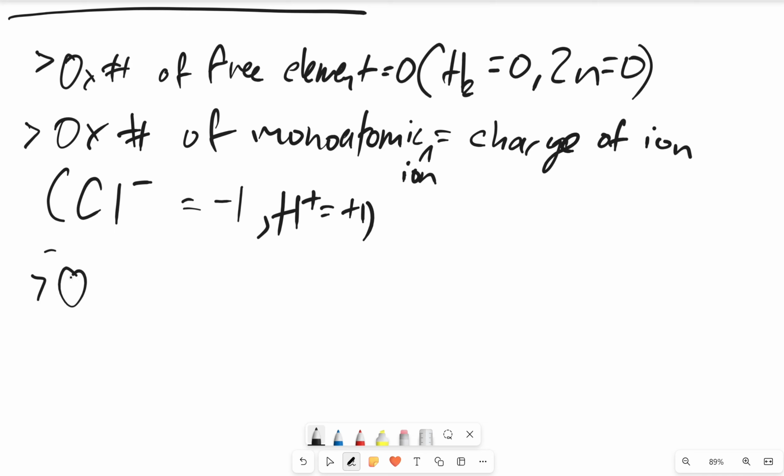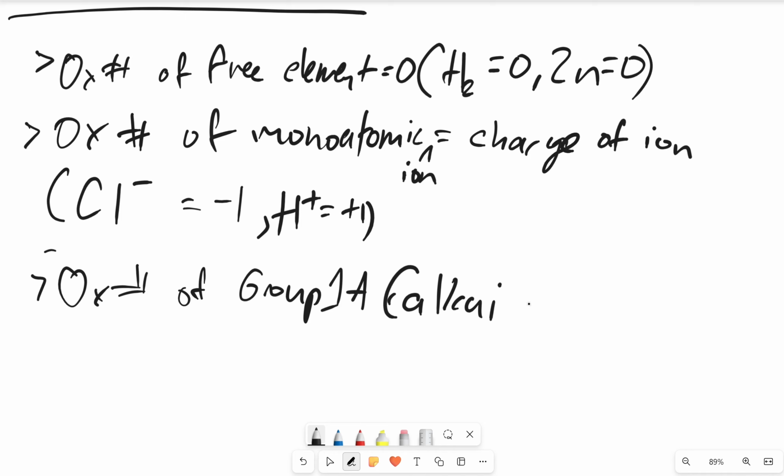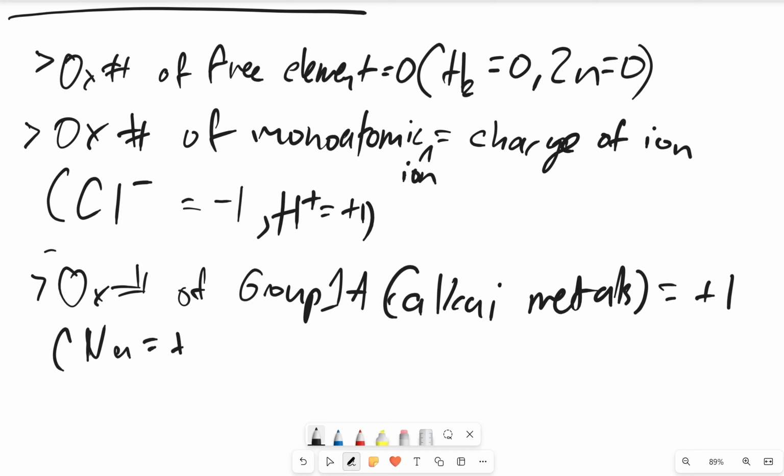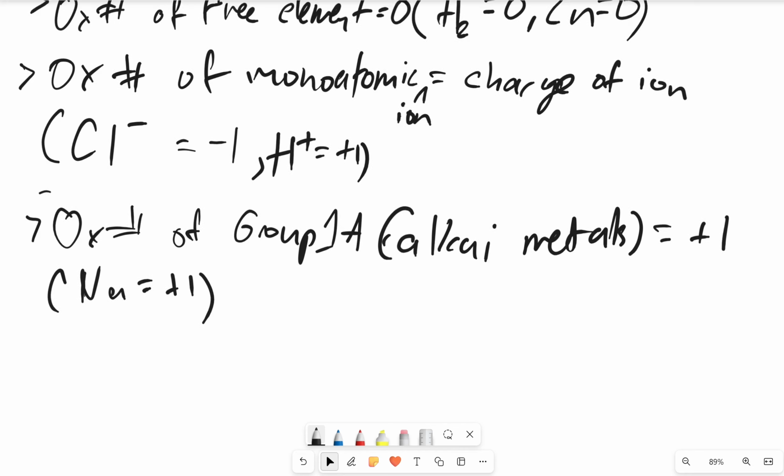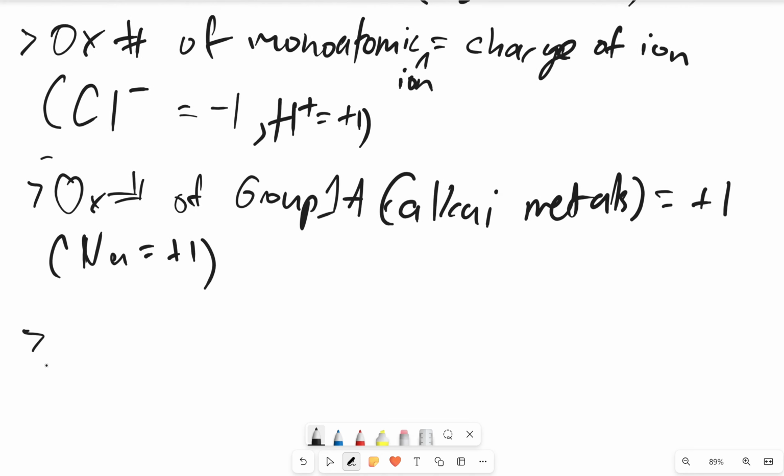Next, we have the oxidation number, ox number of group 1A. So these are all the alkali metals, have an oxidation number of +1. So think Na has +1. Right, another thing to note, oxidation number of group 2A, right?